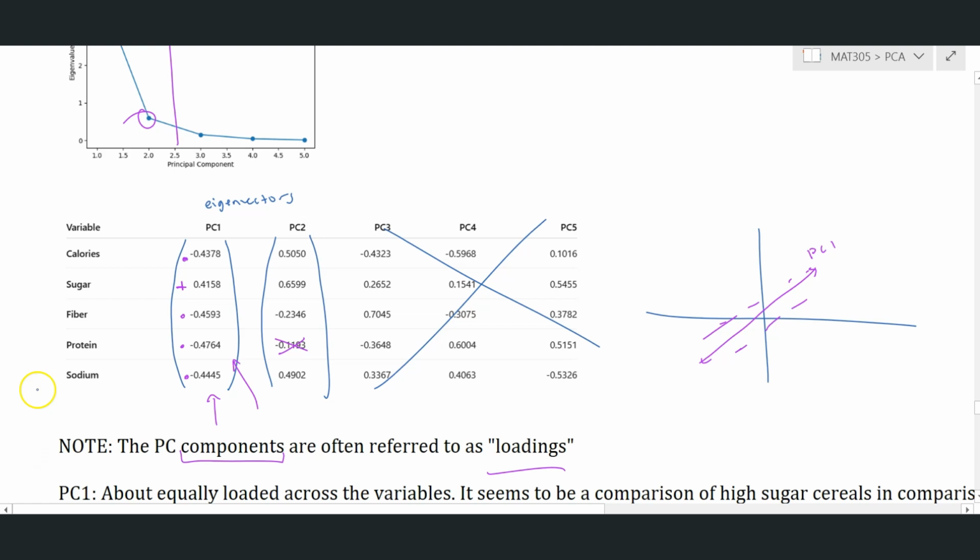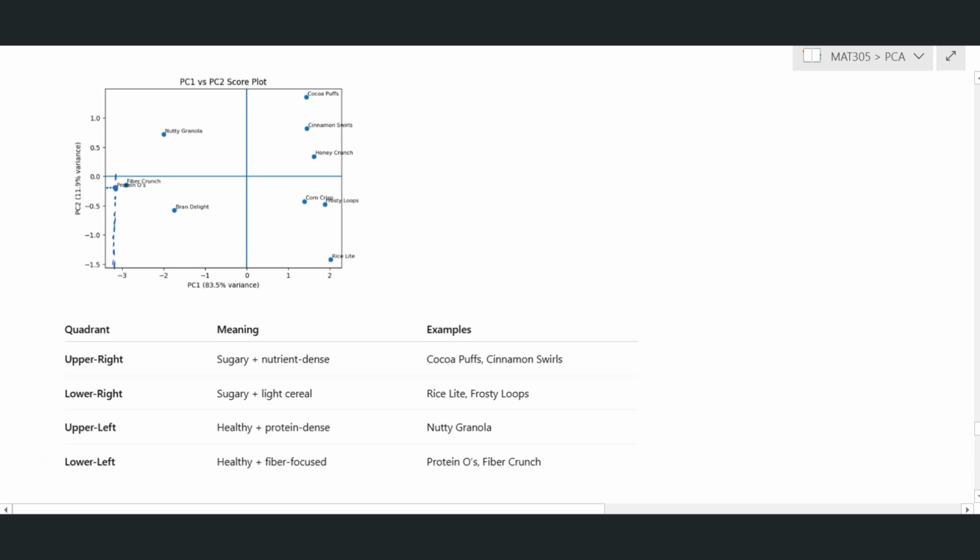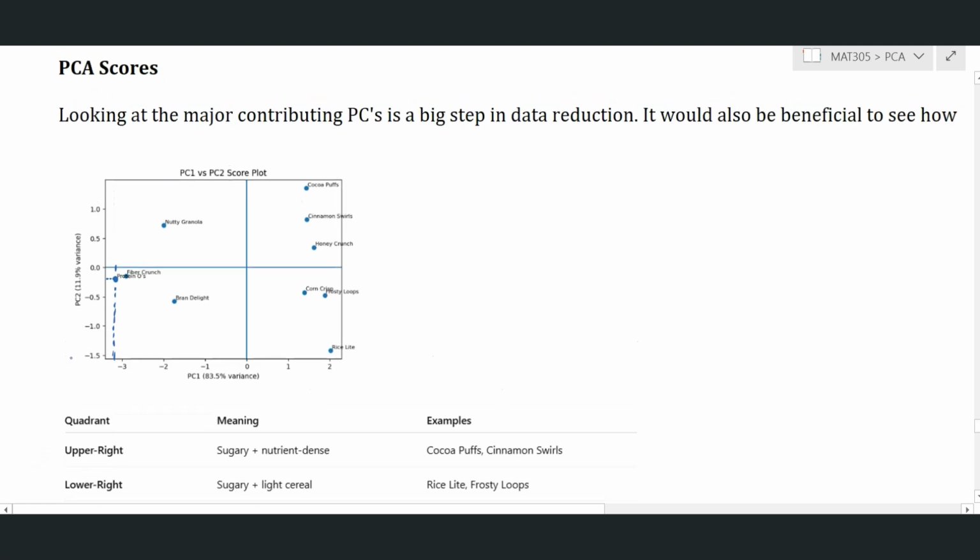Those all contribute negatively to the principal component score, whereas sugar is going to contribute positively to that. So given that it has a high negative score, it is either high in calories, fiber, protein, or sodium, or some combination of those. As it turns out, Protein O's are, not surprisingly, high in protein. And because they're high in protein, that contributes to a highly negative score.